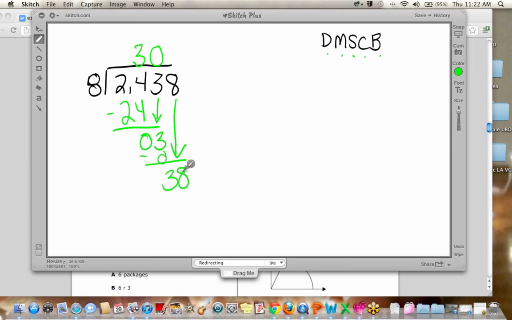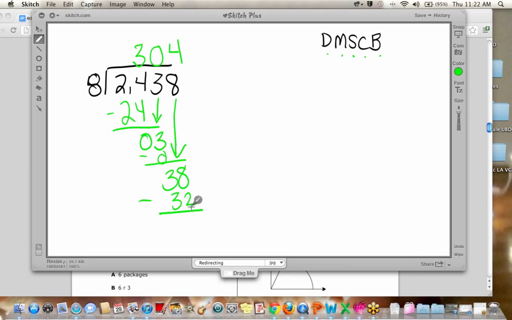Now I can actually do the problem. How many groups of 8 will fit into 38? 4. And now my second step is to multiply. So what's 4 times 8? 32. Good.